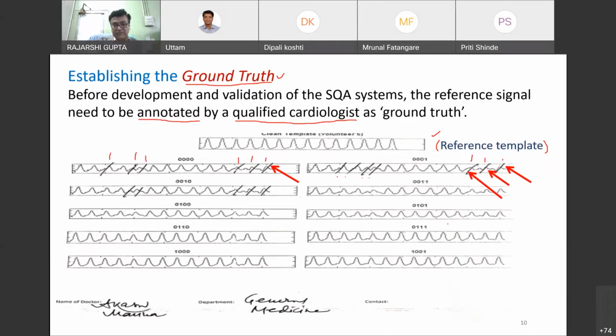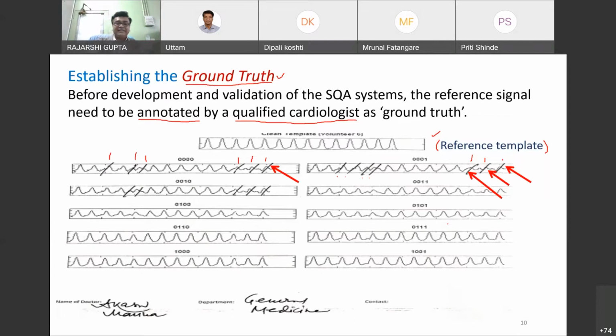So if we think of research with signal quality assessment, the first thing we have to do before doing any machine learning applications or anything, first we have to annotate the data by a qualified physician. That is very, very important. Because whenever we will be training the classifier, these annotations will act as the ground truth.